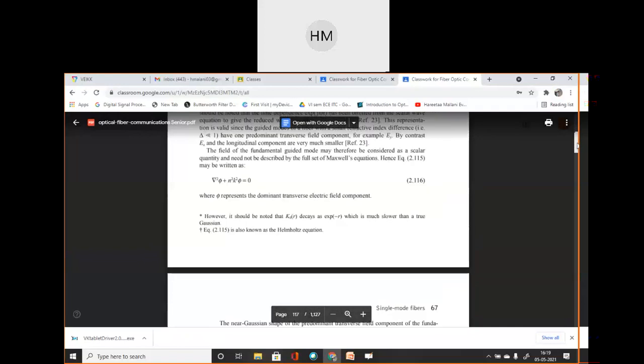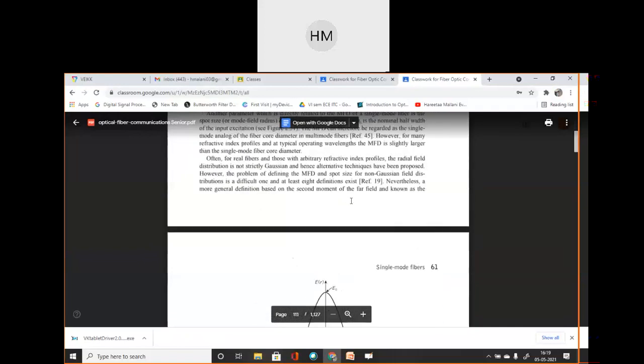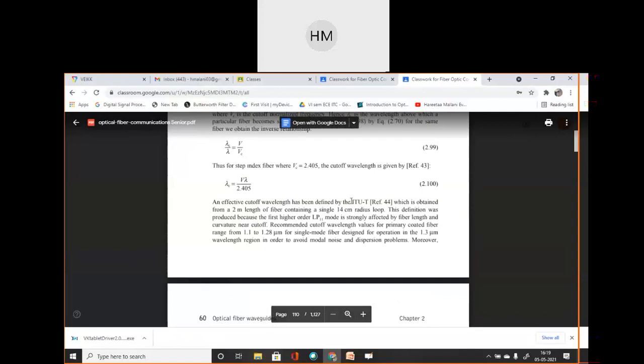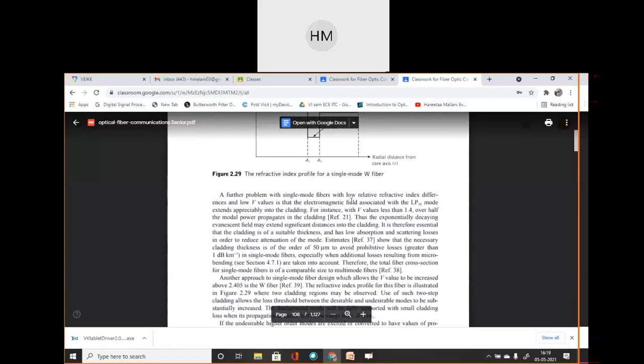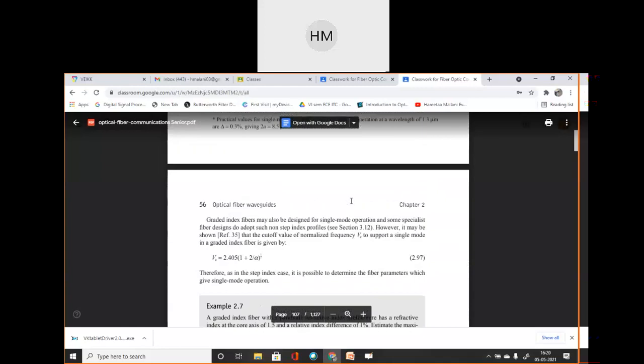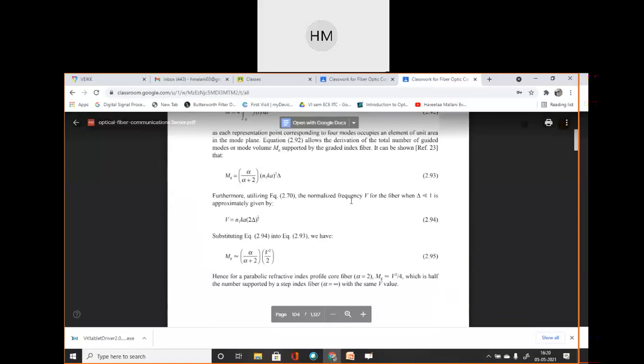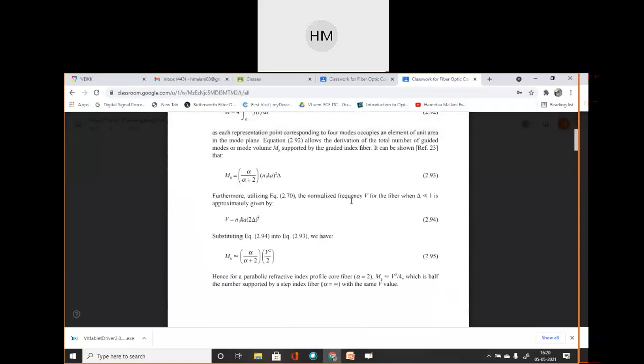So we have defined the equation of Mg, where V is the normalized frequency, alpha is the profile parameter, alpha is equals to 2 for parabolic, and now find the value of Mg when alpha is equal to 2.